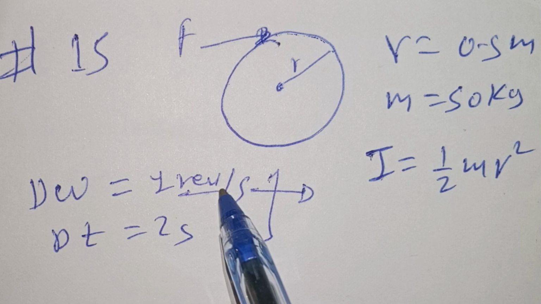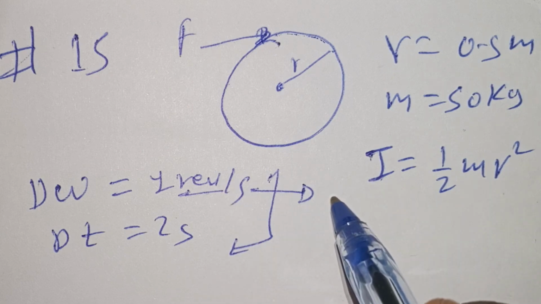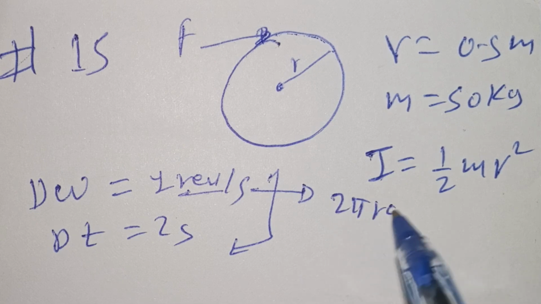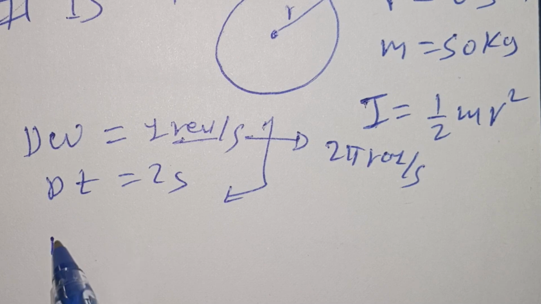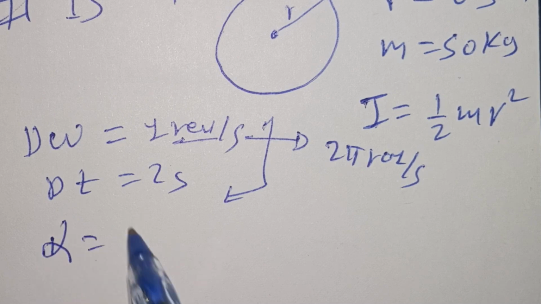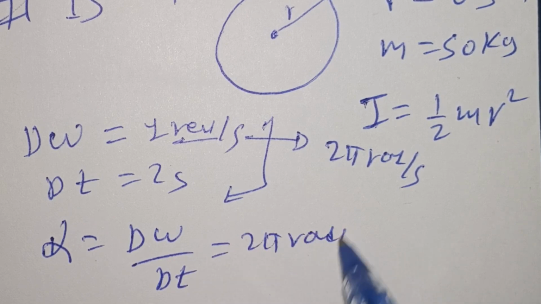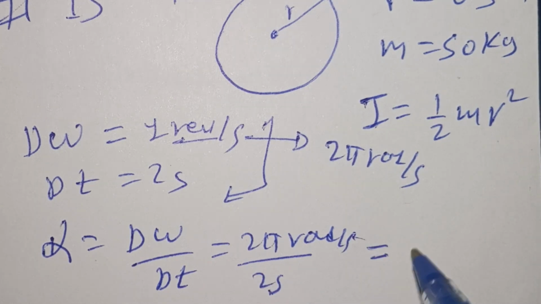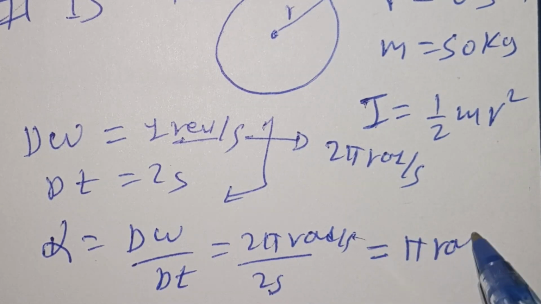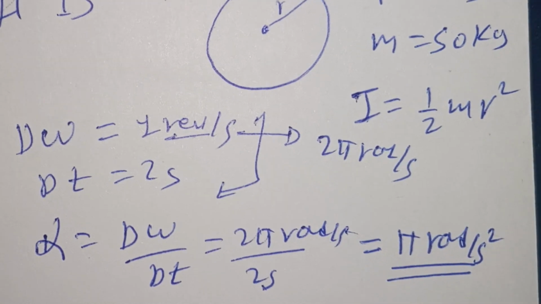Since 1 revolution is equal to 2 pi rad, delta omega is equal to 2 pi rad per second. Then the angular acceleration alpha is delta omega divided by delta t, which is 2 pi radians per second divided by 2 seconds, which is directly equal to pi rad per second squared.